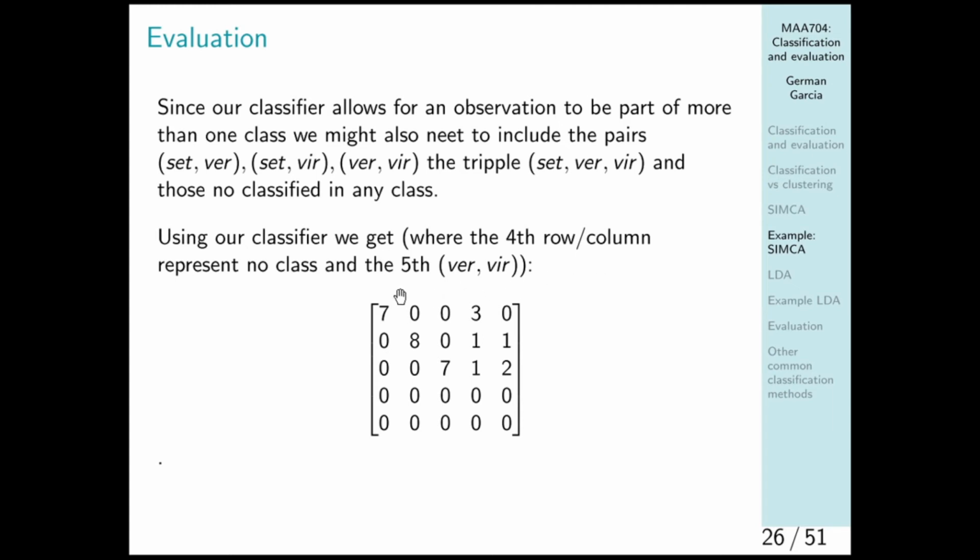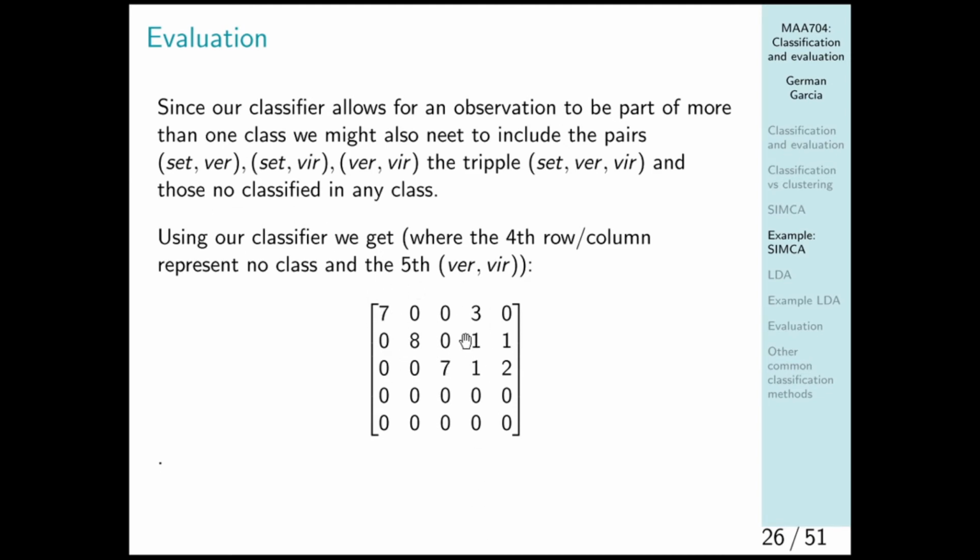If we use the classifier and apply the confusion matrix, what we get is that when we are trying to separate between two, the result is pretty accurate. So all those were classified well.